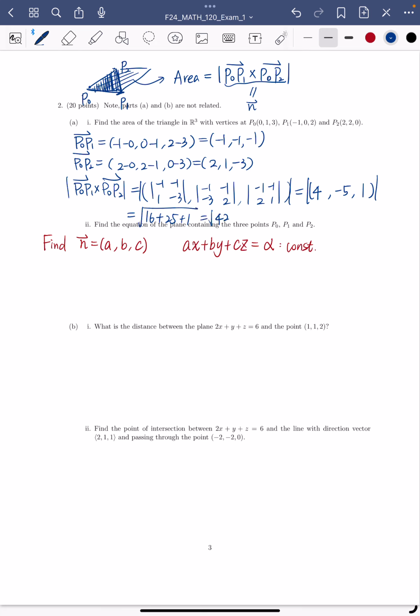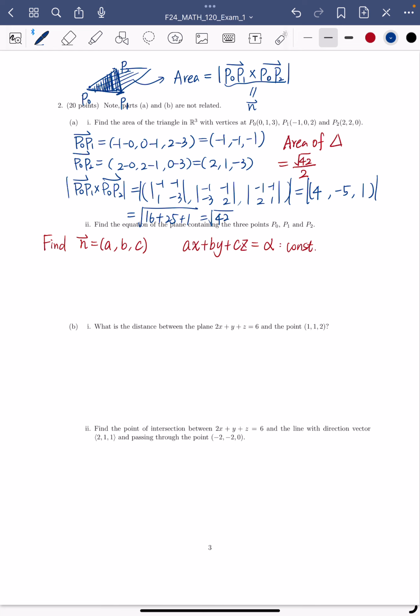That's 42, square root of 42. So the area of the triangle is, don't forget to divide this by 2. Okay, and now it would be very convenient to compute the next question.